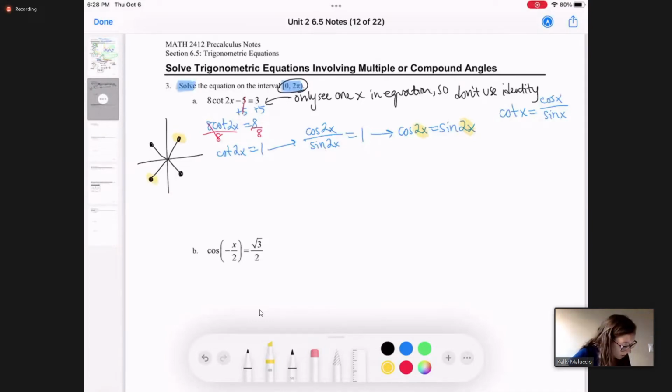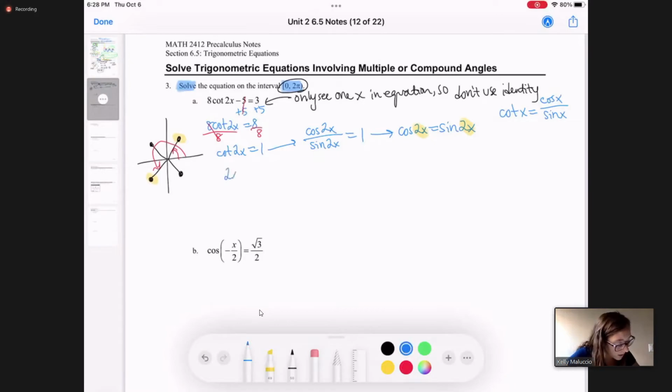Let me write that. We want this angle, and then we want the big angle. But that's 2x, right? So we write a little equation.